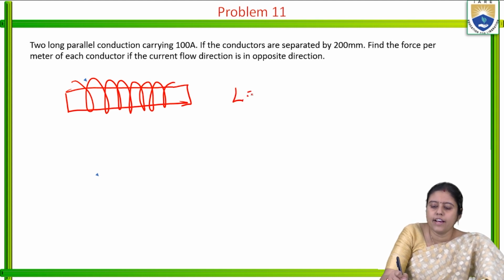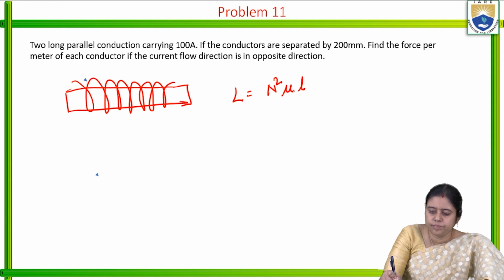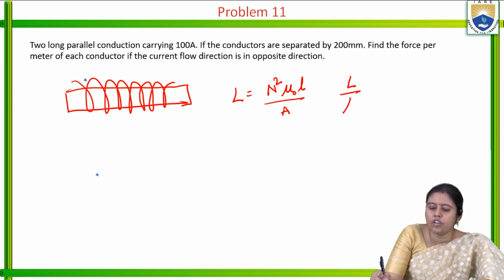So what is the inductance formula? N square mu naught L by A. So what is the value of N square? N is the number of turns. So we have to calculate the inductance per unit length.